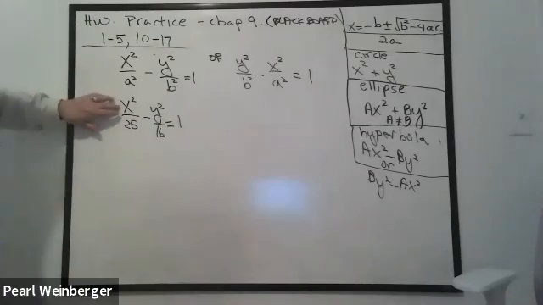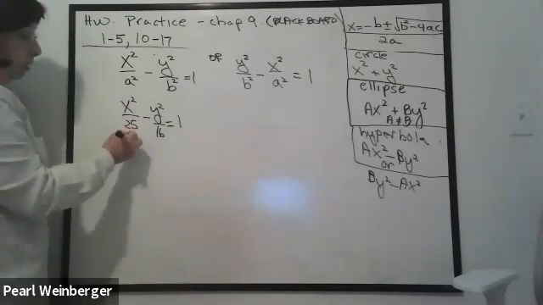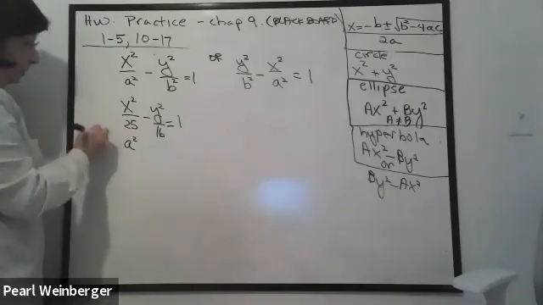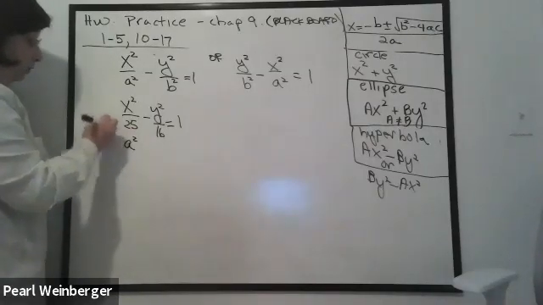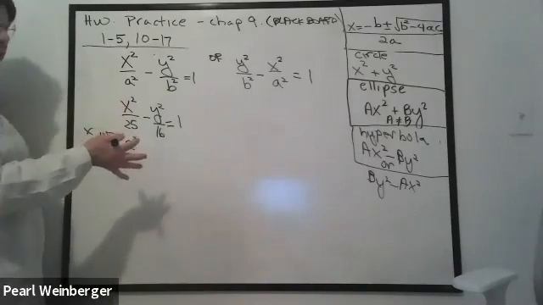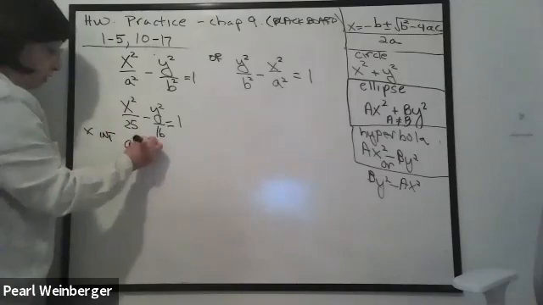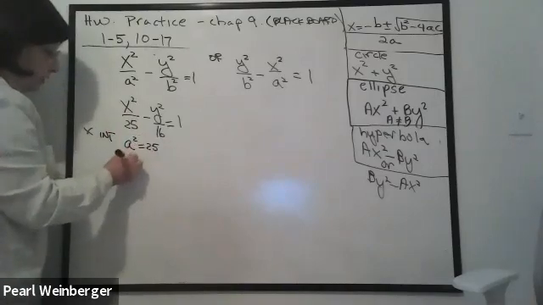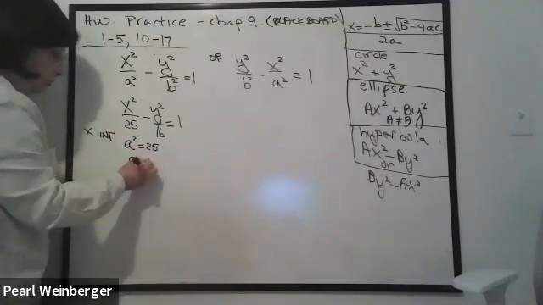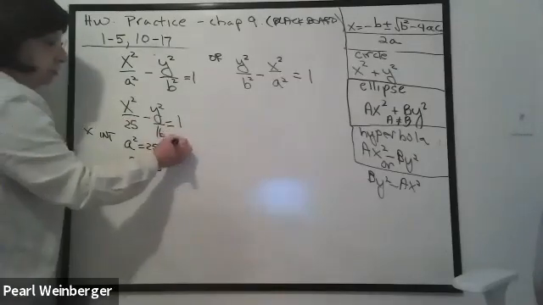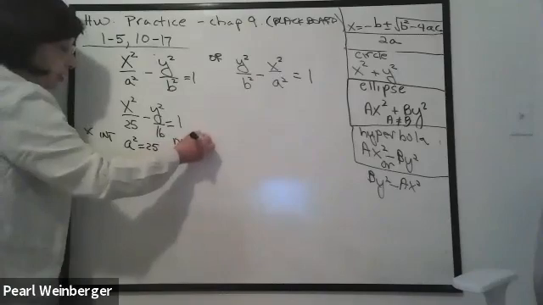In other words, here the x squared is positive, so therefore we're going to have x intercepts, which we'll get the same way we did for the ellipse. We'll take the a squared, which is 25, and that will give me that a is either plus or minus 5. The y squared is negative, so there's no y intercept.